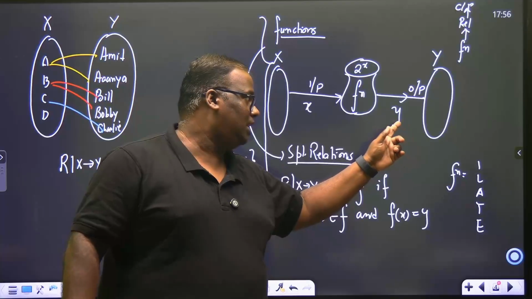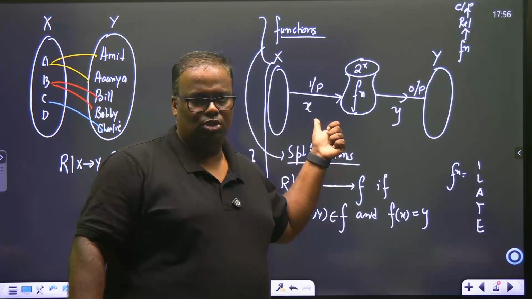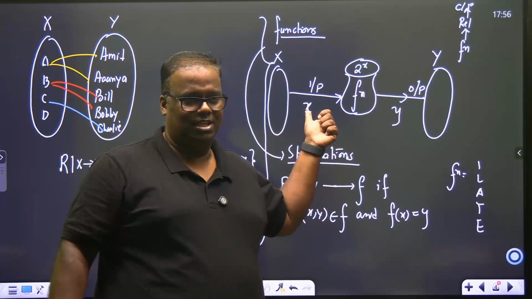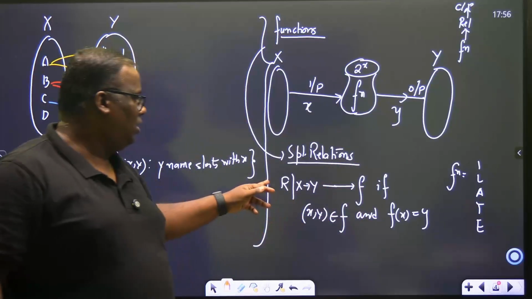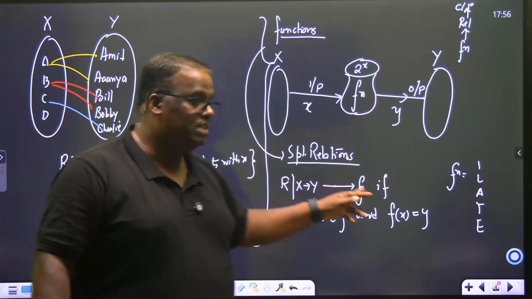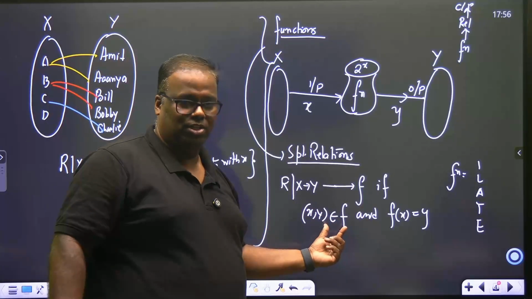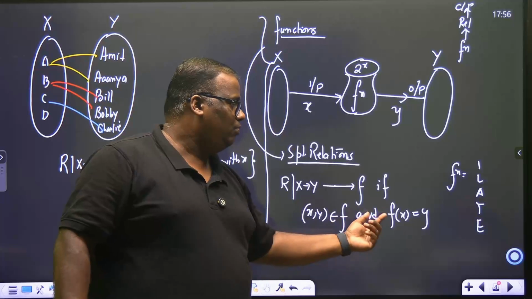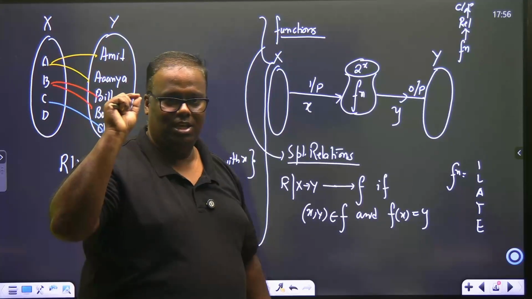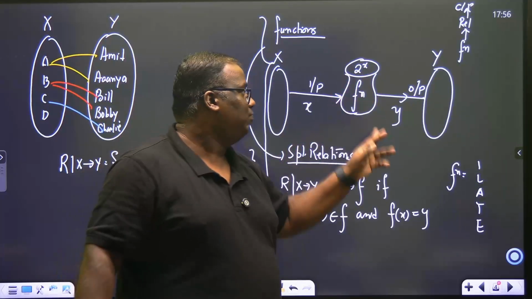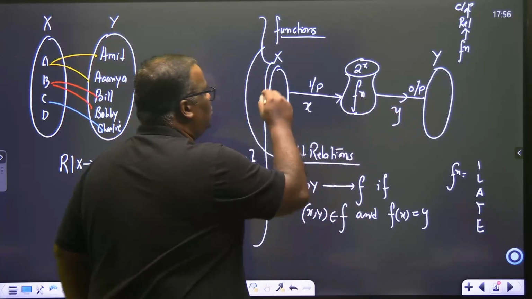If you also understand, then this is the independent variable. y = 3x + 2. You can enter anything that you want for x. This is the dependent variable. This is the independent variable, this is the dependent variable. So a relation between x to y will be considered a function if (x, y) as an ordered pair belongs to the function. And we say f(x) should be equal to y, means the function value of that input x should be equal to y. For example, say 1 is an input out here.